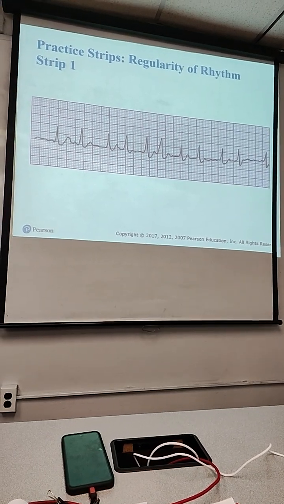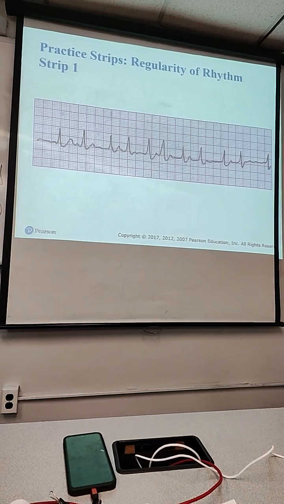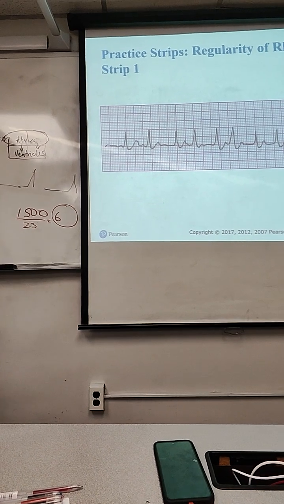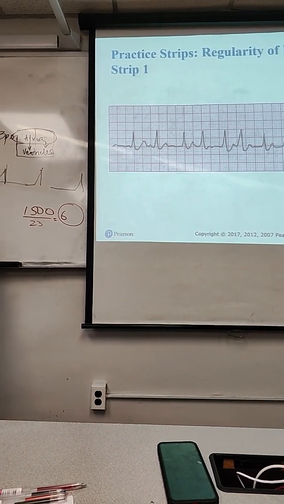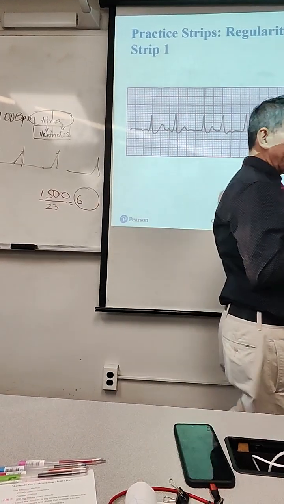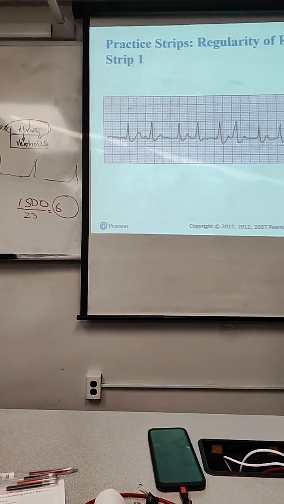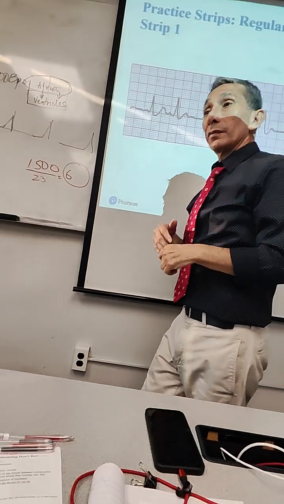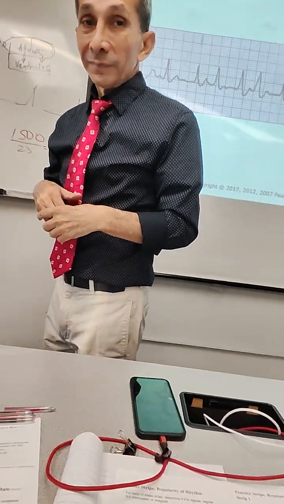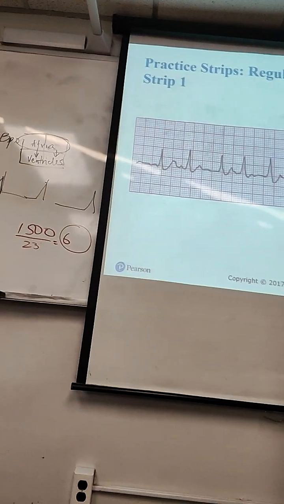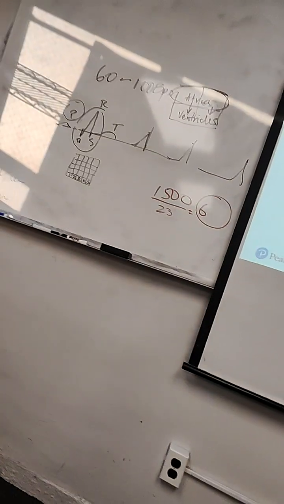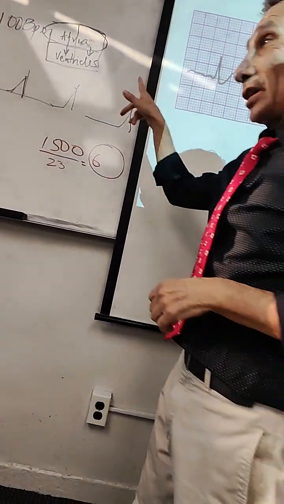So what condition does this patient have? High heart rate. Correct. If it were less than 60, low heart rate. What is the medical term for a high heart rate? Tachycardia. Yes.